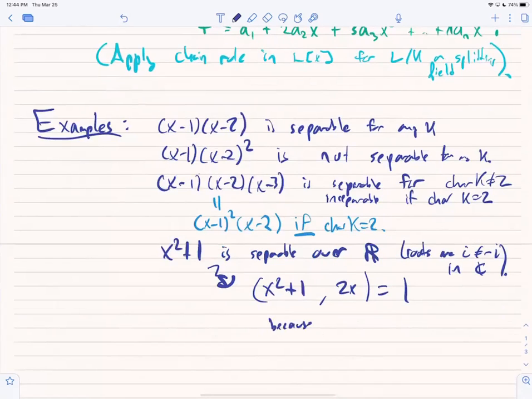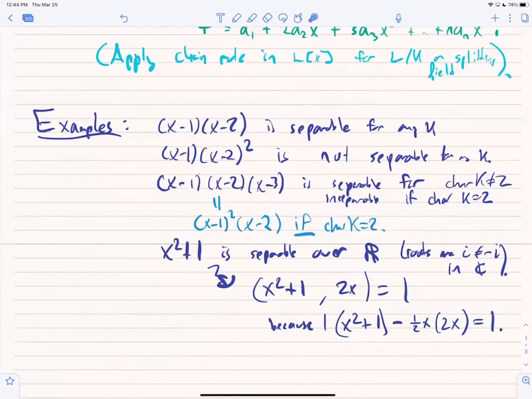because 1 times x squared plus 1 minus 1/2 times x times 2x is equal to 1. And this is of course in the ideal generated by x squared plus 1 and 2x.